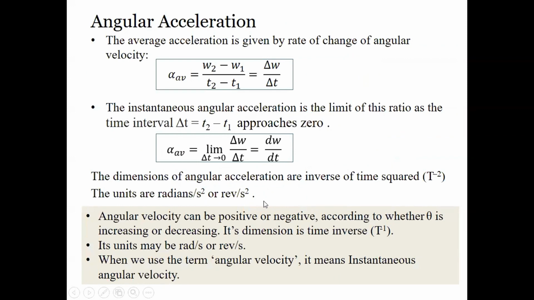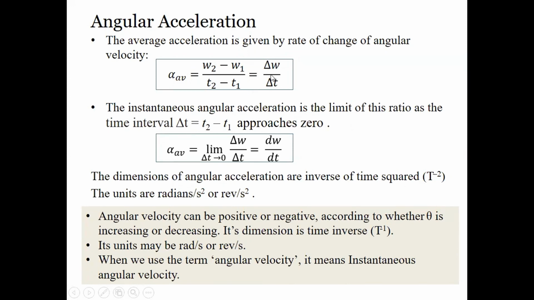Then angular acceleration is defined. The average angular acceleration is given by the change in the angular velocity, omega 2 minus omega 1, within the time t2 minus t1, which is equal to delta omega divided by delta t.